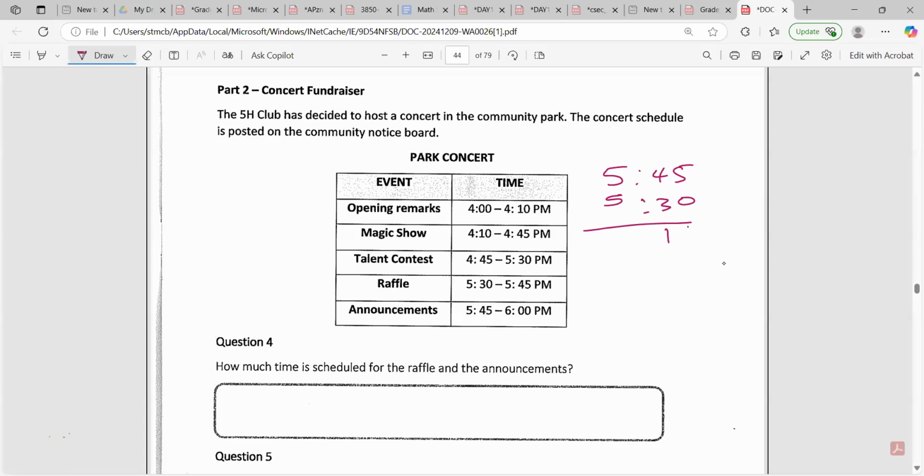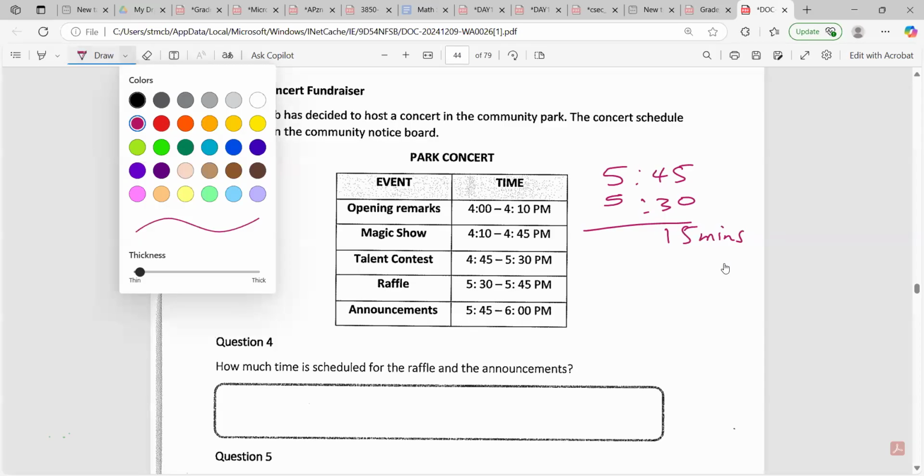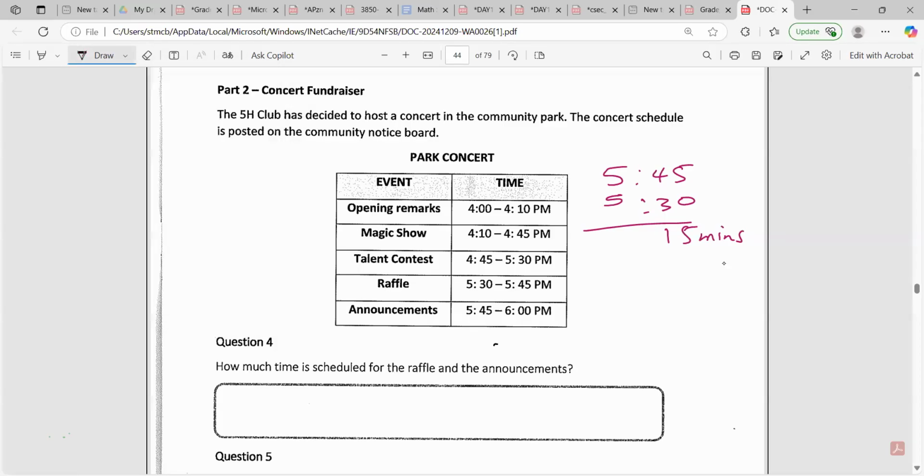Then you're going to add 55 plus 15 equals 70. And then 1 hour equals 60 minutes. So you're going to divide 70 by 60, which gives you 1 and remaining 10 minutes. The answer would be 1 hour and 10 minutes.